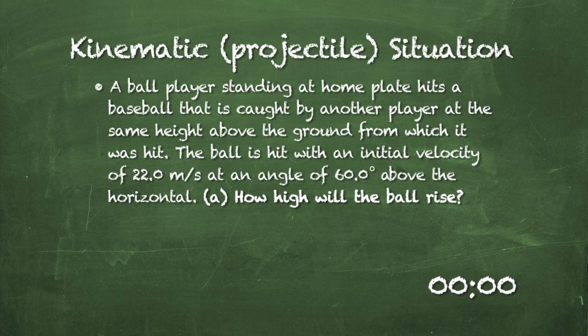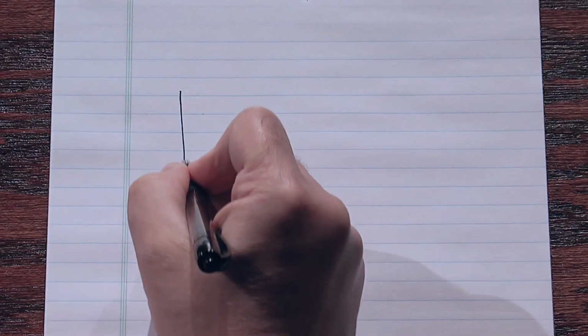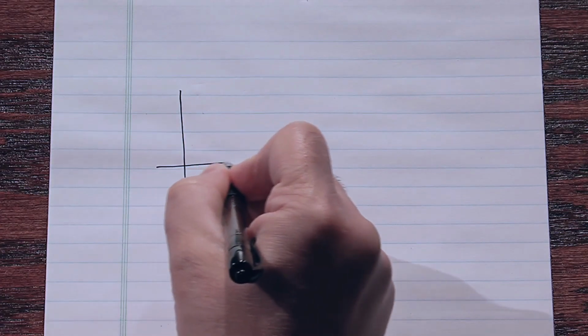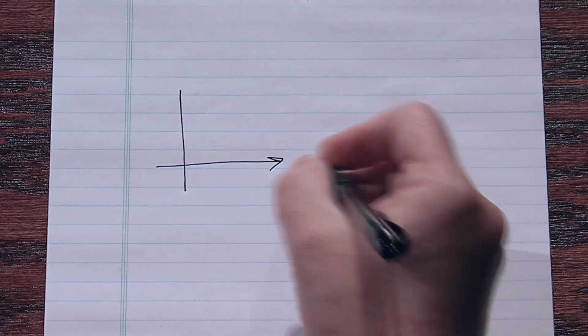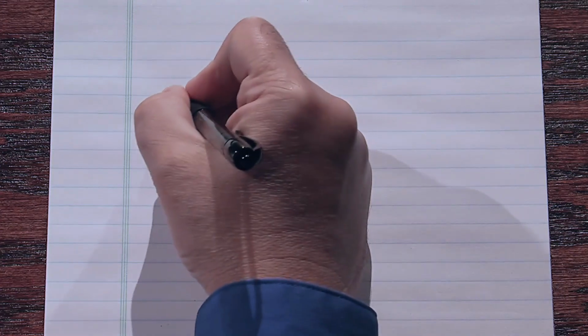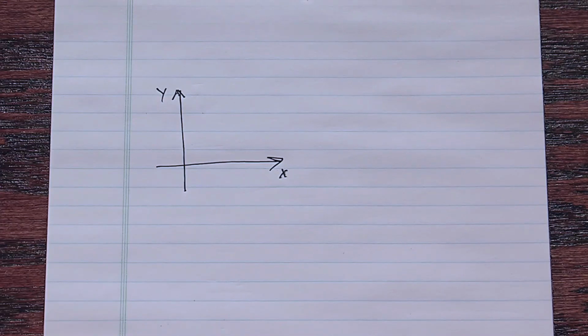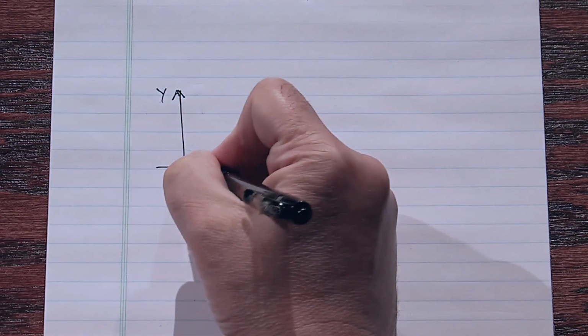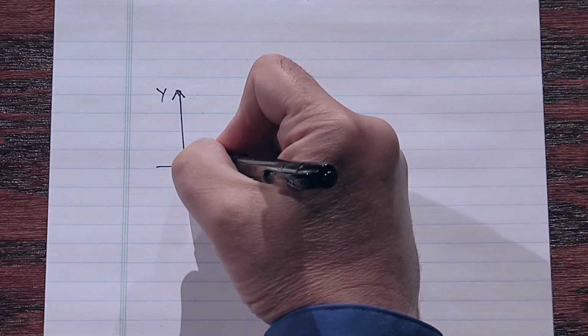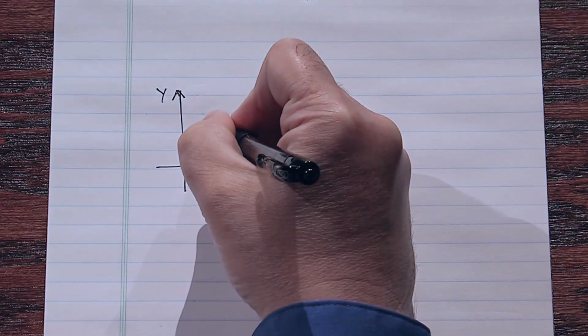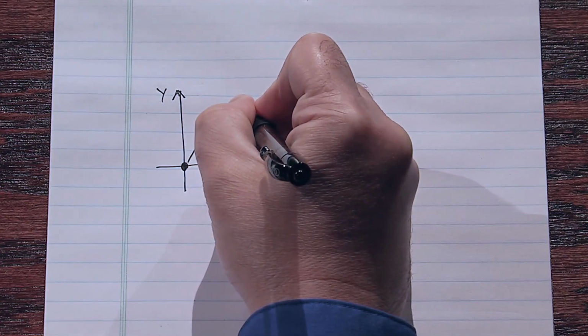Okay, let's draw our diagram. We have to draw both our x and y axes now. Since the ball is moving in two dimensions, we'll start with the ball at the origin, and it moves up in a parabola.